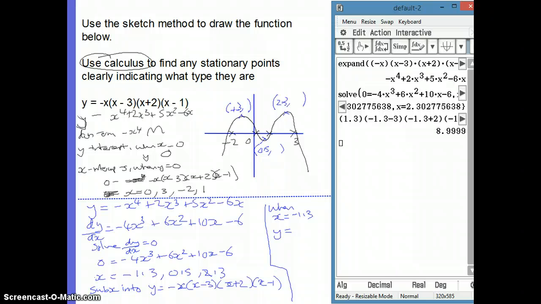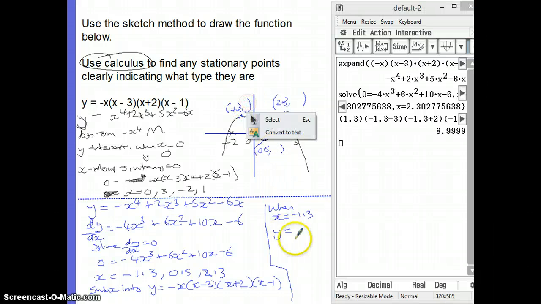Remember, it was 9 that we were looking for, so it's slightly different just because we've rounded, but 8.999 or 9 to 1 or 2 or 3 decimal places. So there we go, y is equal to 9, so we get a coordinate negative 1.3, 9, which is a local maximum point.